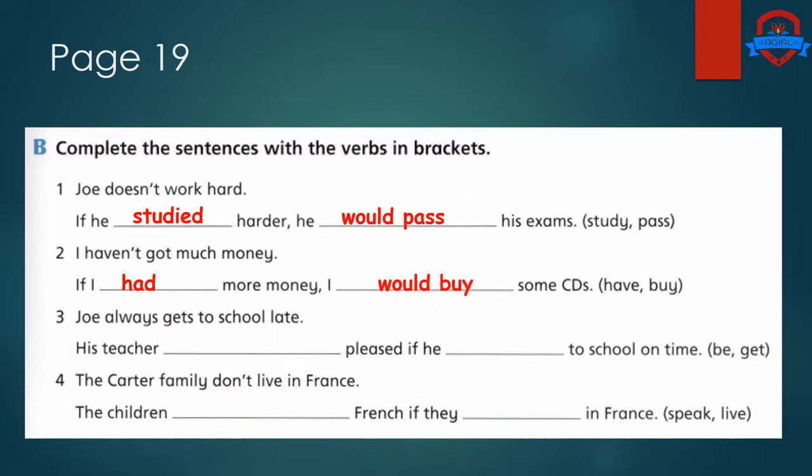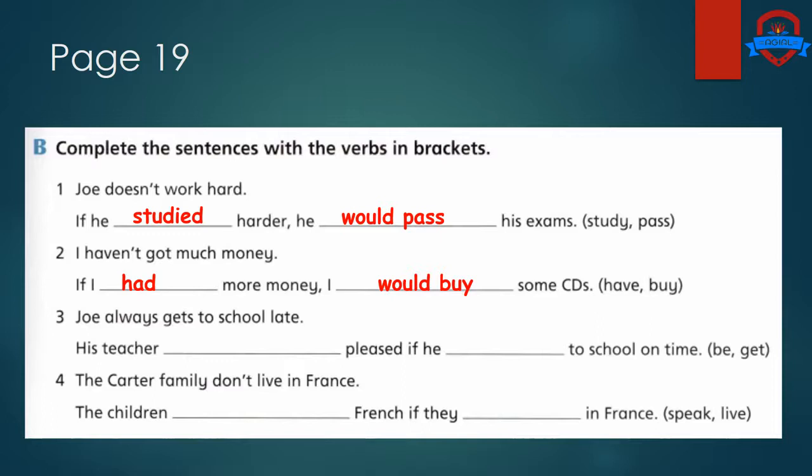Number 3. Joe always gets to school late. His teacher would be pleased if he got to school on time. So focus. Here if is in the middle of the sentence.